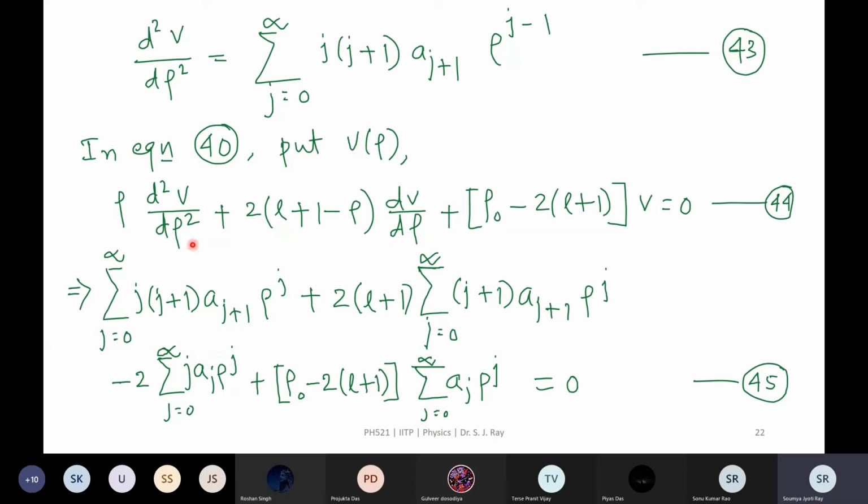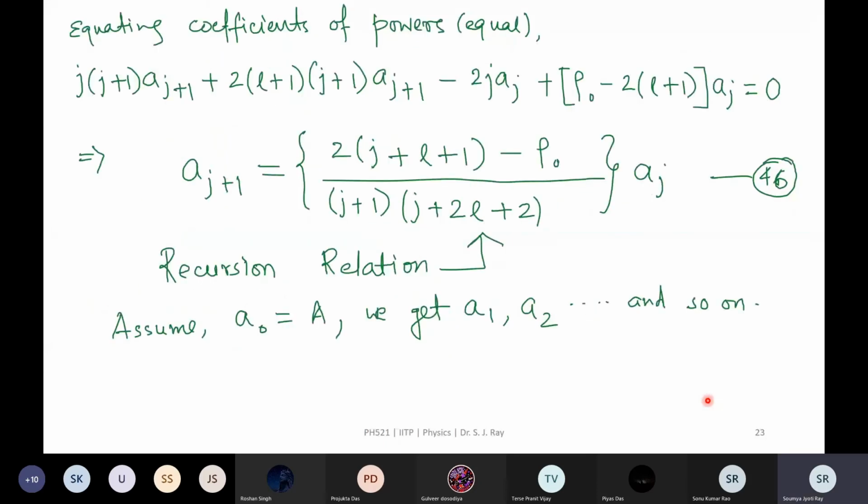Now we have the expression for d2v d rho square and dv d rho. If we put it in this expression, then we get these terms in series, and that is equation number 45. Then we will equate the coefficients of equal powers, let's say power of rho, rho square, things like that.